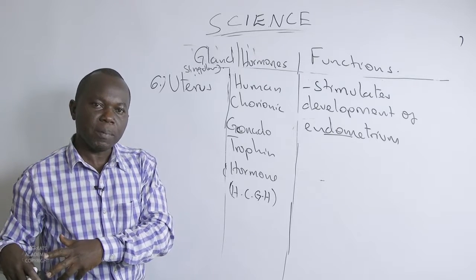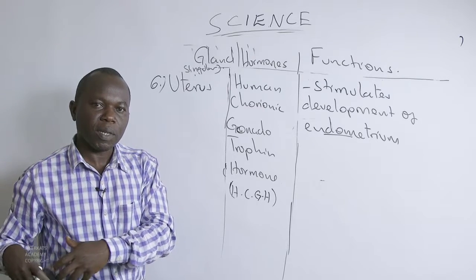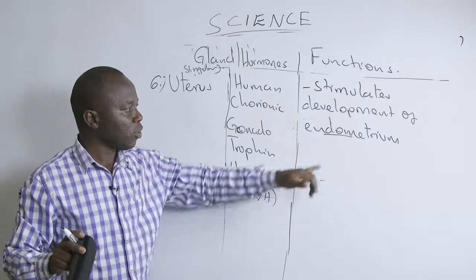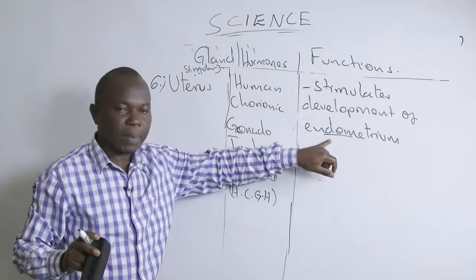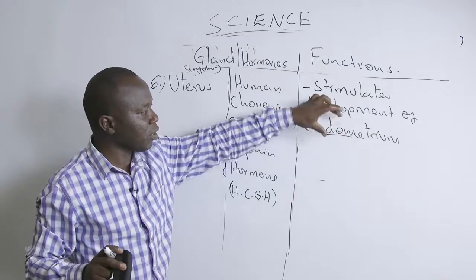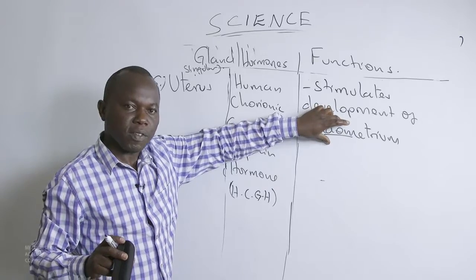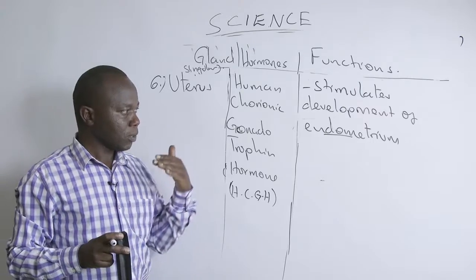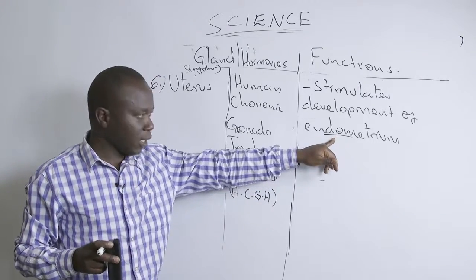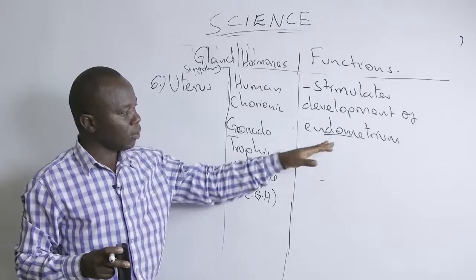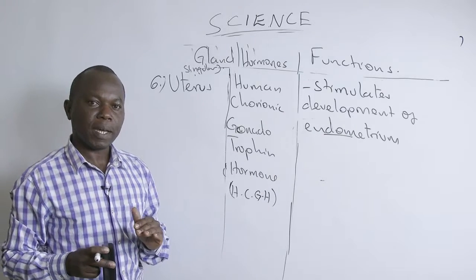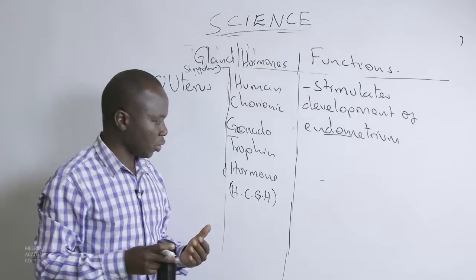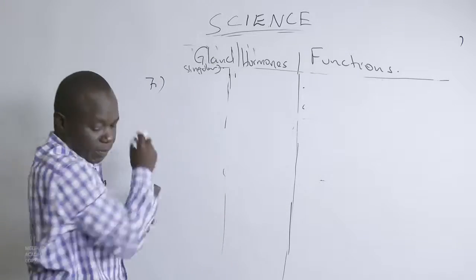Otherwise, the embryo will just slough off or will get out of the reproductive system. So for it to be maintained or to find a place for attachment for implantation, endometrium must be ready for that. Now, later on, progesterone will come in to increase thickness of the endometrium and also increase blood supply of the endometrium. We call that vascularization.